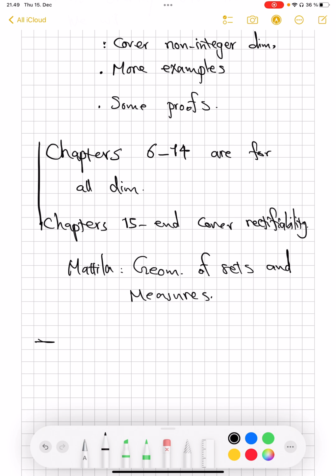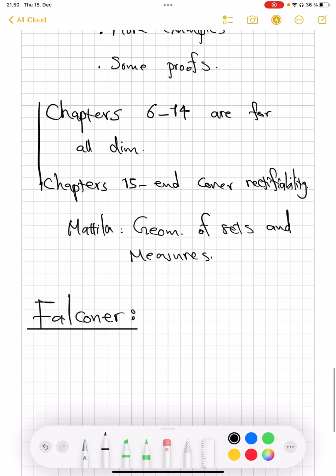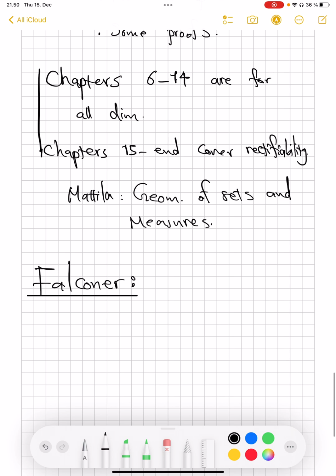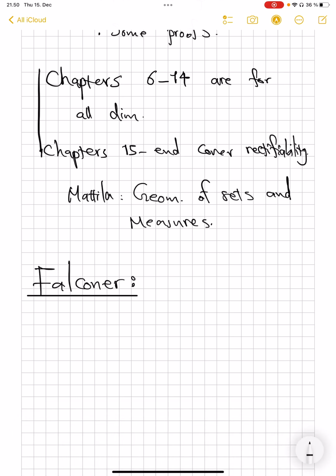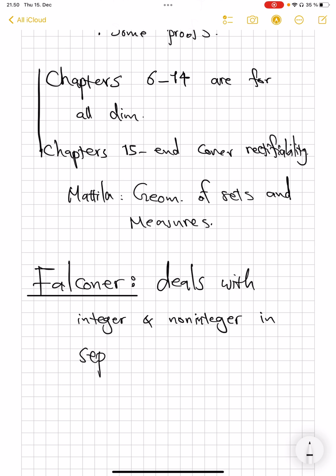So here I must also mention the book by Falconer, whose exact title, unfortunately, I don't want to make a statement about. So this book deals with integer and non-integer in separate, clearly identified chapters.